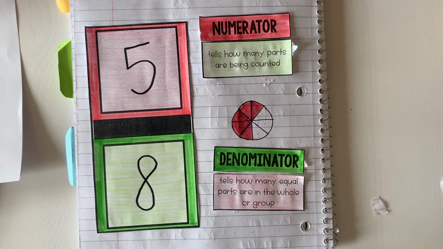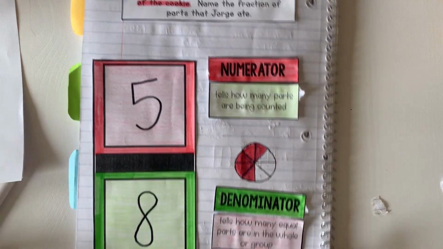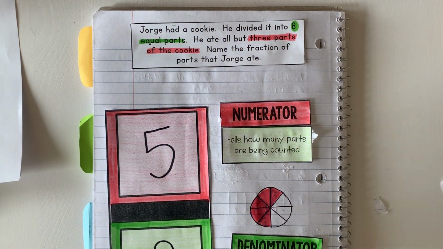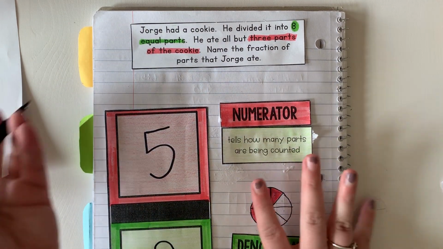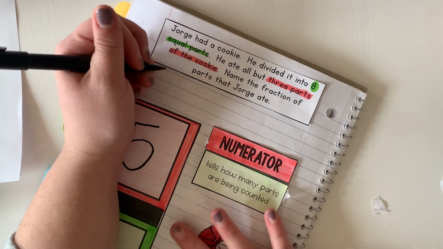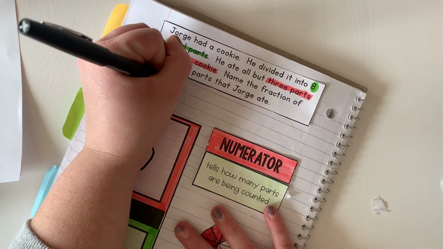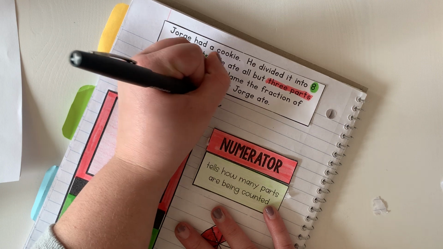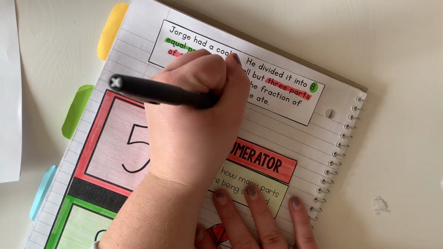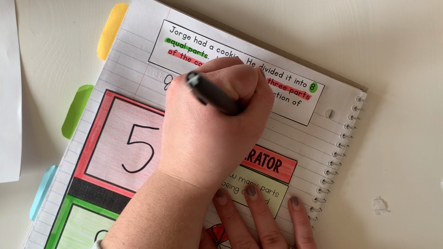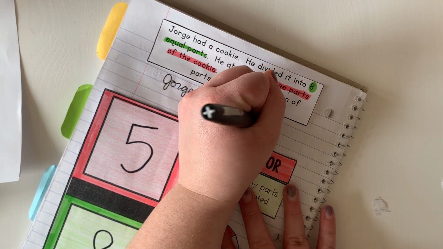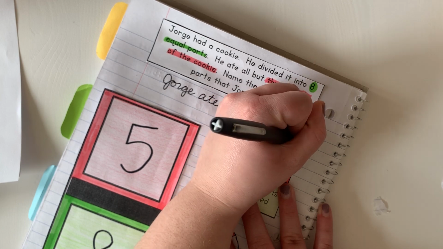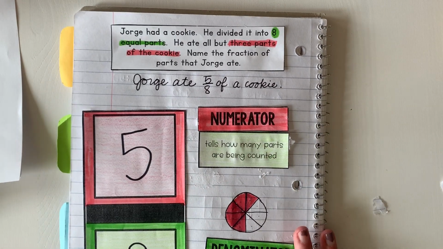5/8. So underneath the word problem, I'm going to answer the question with a sentence that says, George ate 5/8 of a cookie. Okay?